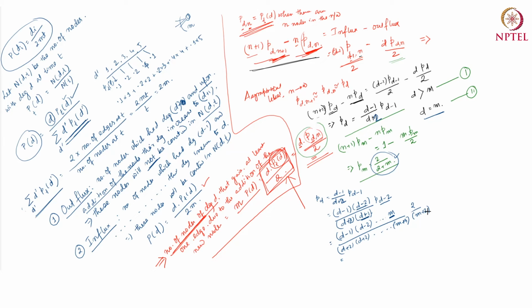Now if you look at it carefully, let me break it further. So you have d minus 1, d minus 2 dot dot dot m.